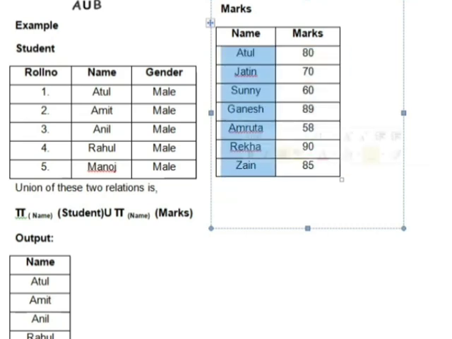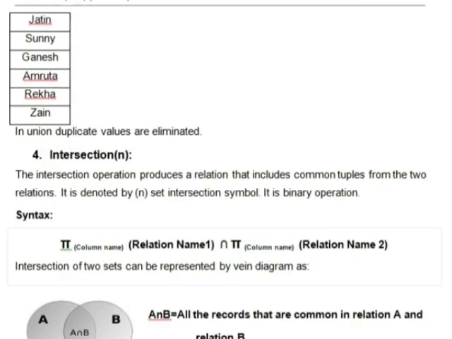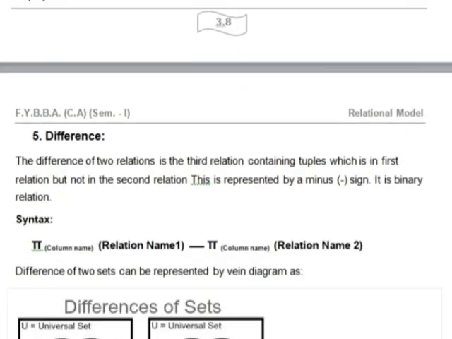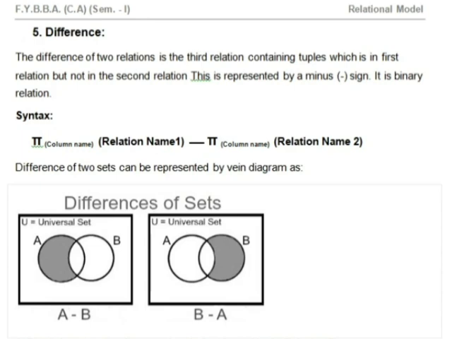The only common attribute in both tables is Atul, so we just remove it. The rest, from Jatin to Zain, is the result of marks minus student. This is the difference operator.